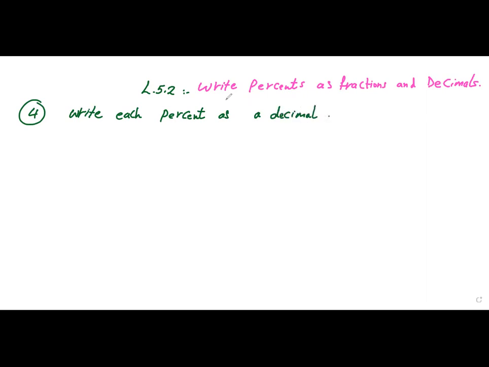If you notice the title here, write percents as fractions. Yesterday we studied 3 types of questions about writing percents as fractions, and today we're going to talk about decimals. So write each percent as a decimal.